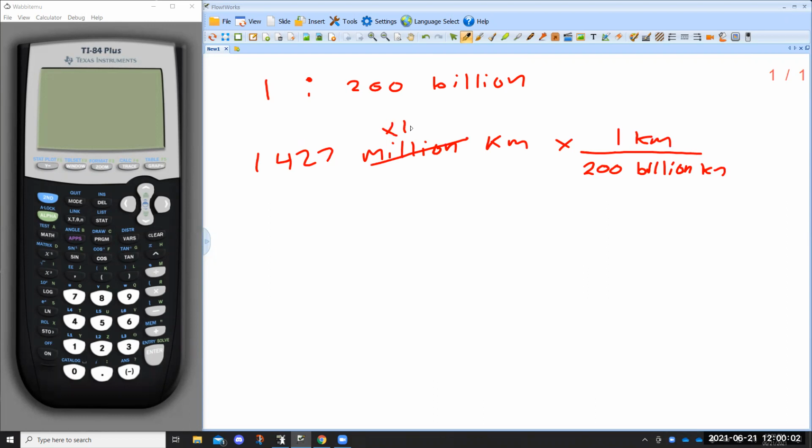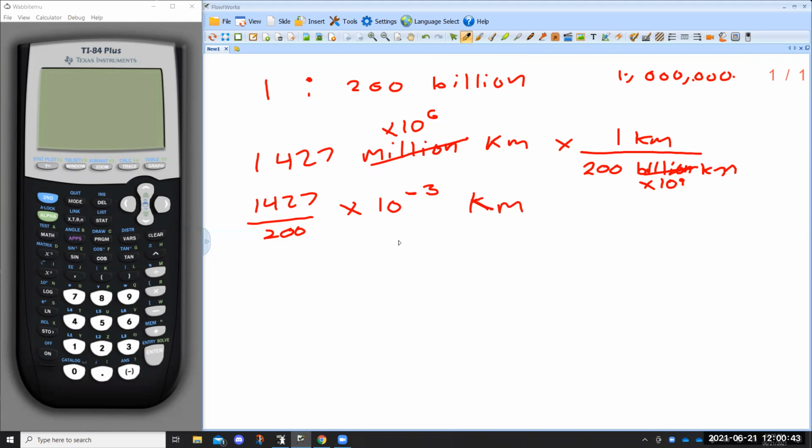Million is going to be times 10 to the sixth. Billion is going to be times 10 to the ninth, right? Units, thousands, millions, billions are another set of 3 zeros. So this is going to be 1427 over 200 times 10 to the negative third.